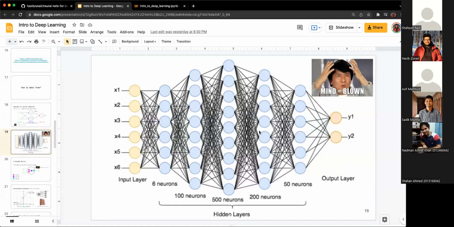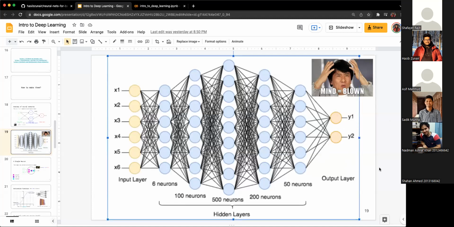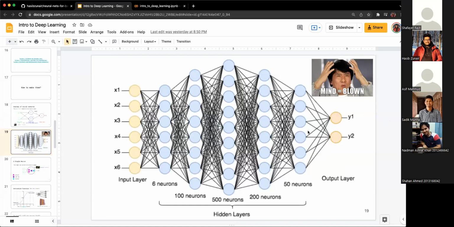So you can easily see how quickly this is growing. People are coming up with even larger networks literally as a day passes by. And then finally you have these outputs, Y1 and Y2. Those are the same thing. It can be a label of an image or maybe a translated speech, that sort of stuff.